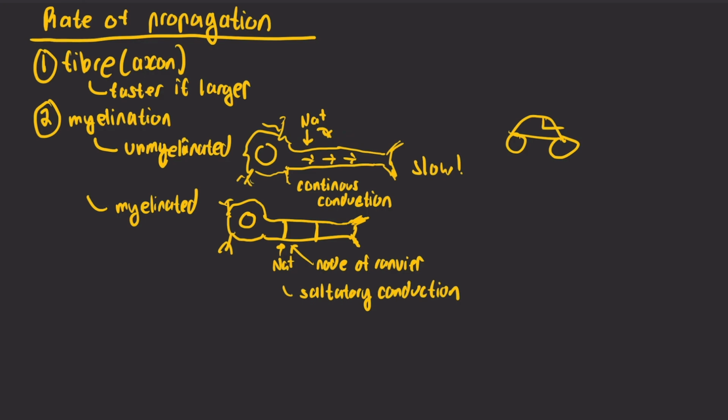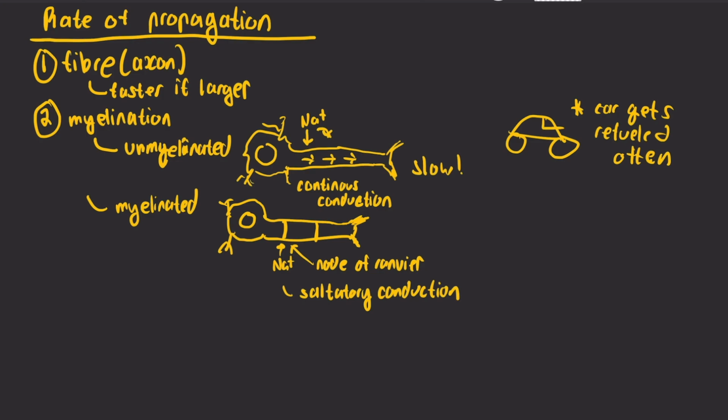So what this means is that the car gets refueled often. Okay? And obviously, if the car needs to stop and refuel and stop and refuel and stop and refuel, you're going to travel a lot slower. That's the same idea here. The sodium opens every adjacent of this axon, while the propagation will be a lot slower.